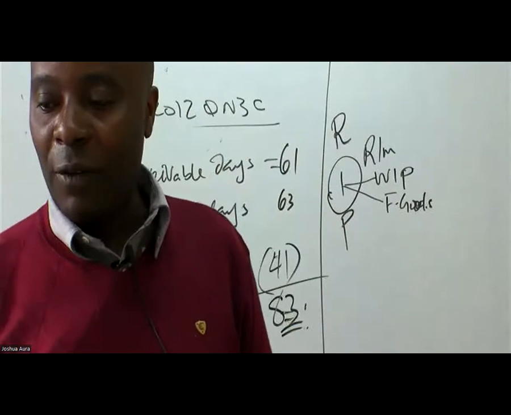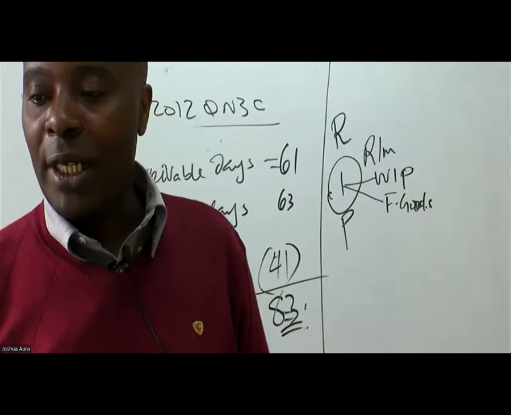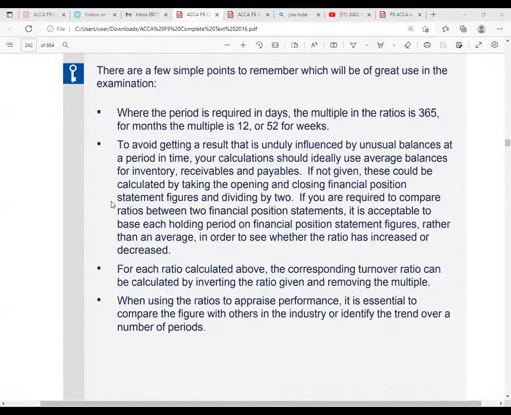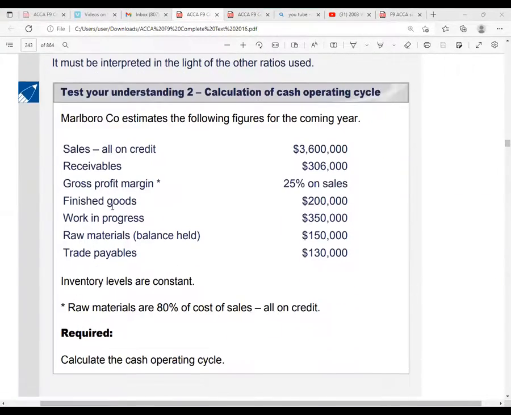So, ladies and gentlemen, for us to understand this once and for all, we have this question here, which was tested in May 2012. Marlboro Company estimates the following figures for the coming year. Sales, all on credit, is 3.6 million. Receivables 306,000. Gross profit margin is 25% on sales.